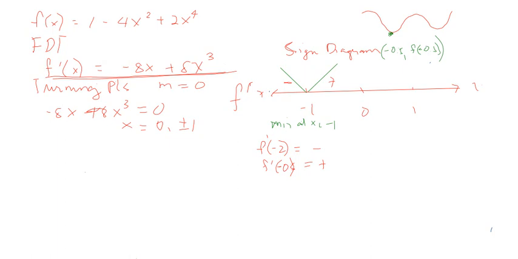Let's say this point A. And then next we choose another test point between 0 and 1, say 0.5. So substituting that to this equation again, you'll get a sign which is negative.